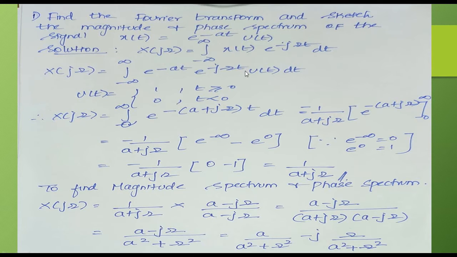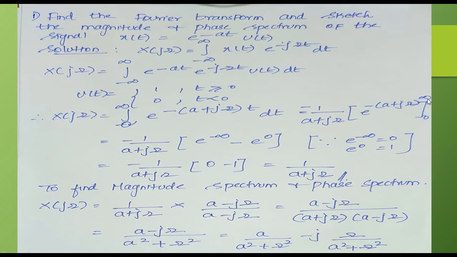We have two e power terms, so combine them: e power minus of a plus j omega t dt. When you take the integral of e power theta, it is e power theta divided by the variable's coefficient. So we have minus 1 by a plus j omega into e power minus of a plus j omega t, from 0 to infinity.